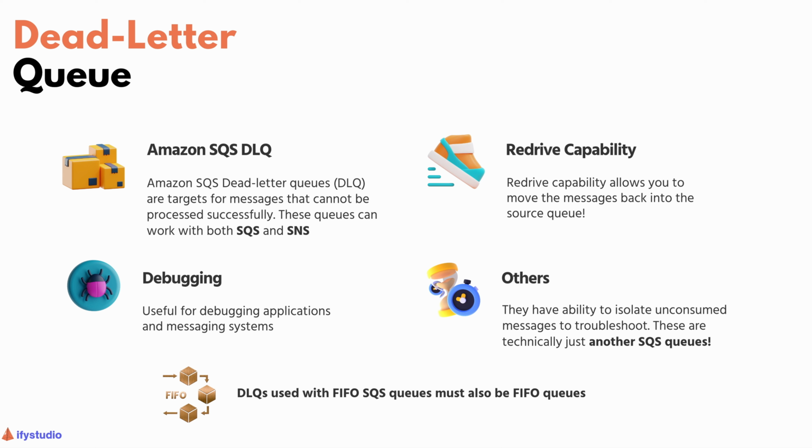Now, here are some of the great features of a dead letter queue. Starting with a very neat feature, DLQ can actually work with both SQS and Amazon SNS. So that gives you a broader visibility, a broader reachability to other applications. Another great feature, DLQ is going to be very useful for debugging your applications.